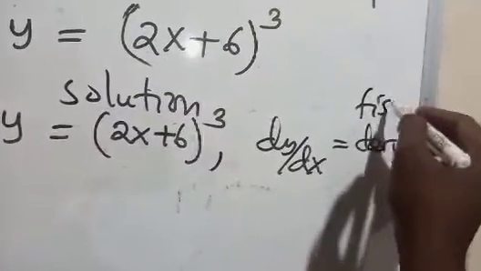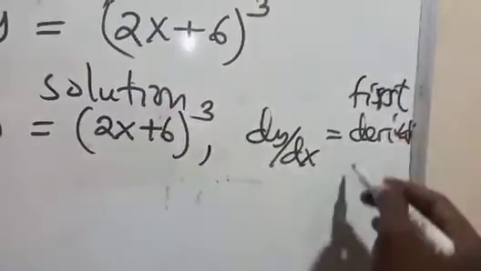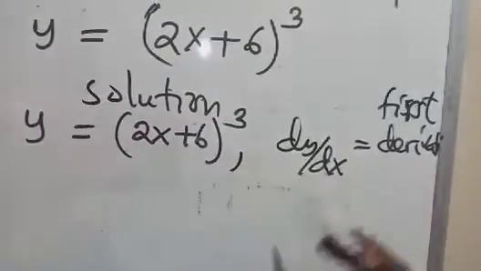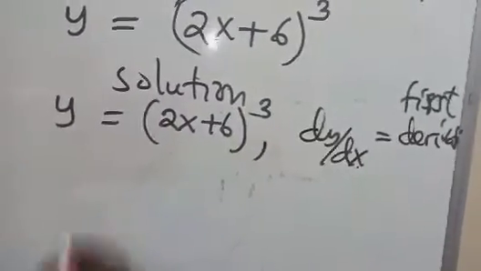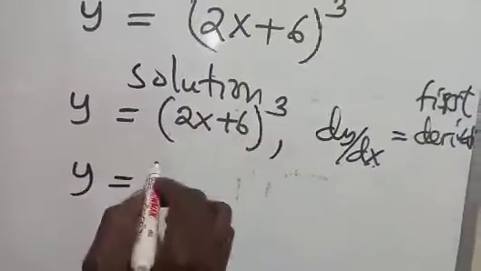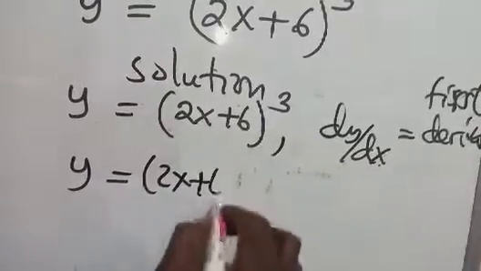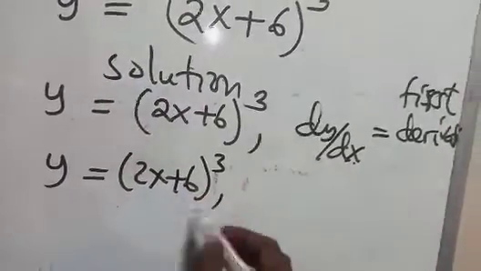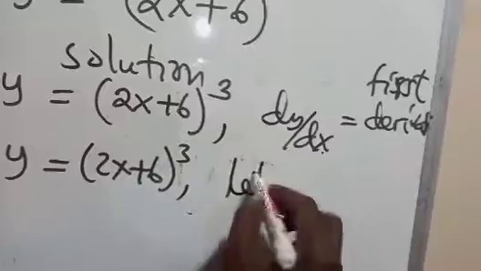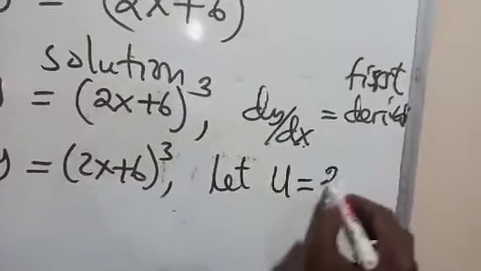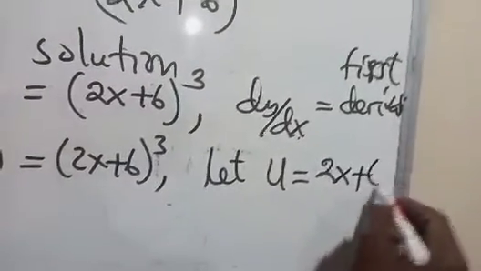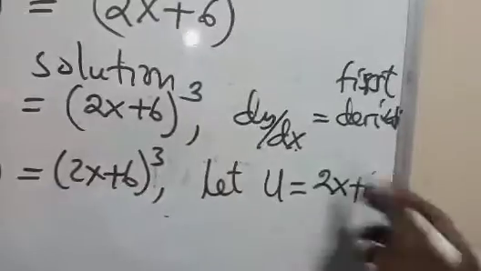The first derivative of y with respect to x. So since we have y is equal to (2x + 6) cubed, we let u be equal to 2x + 6. Then we differentiate.